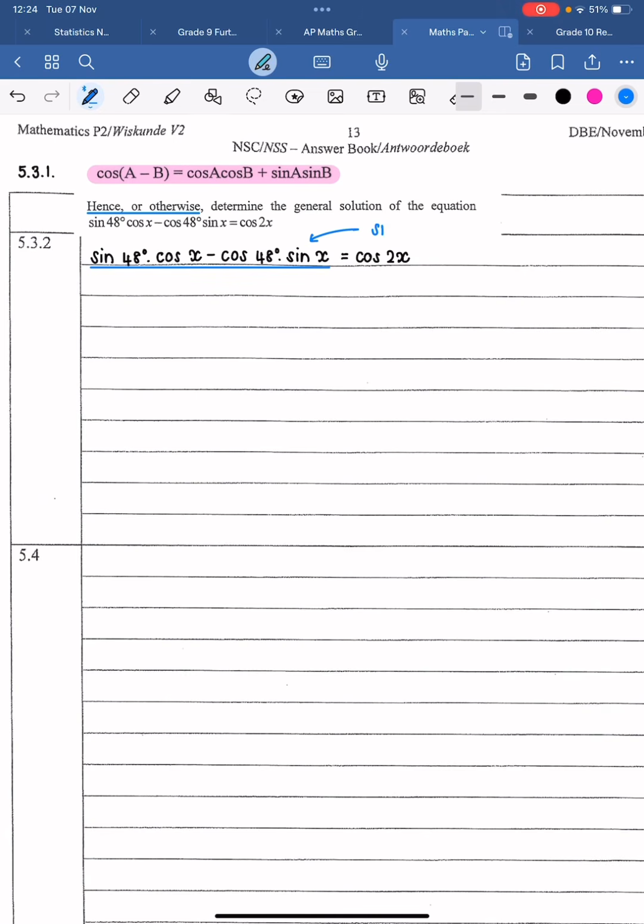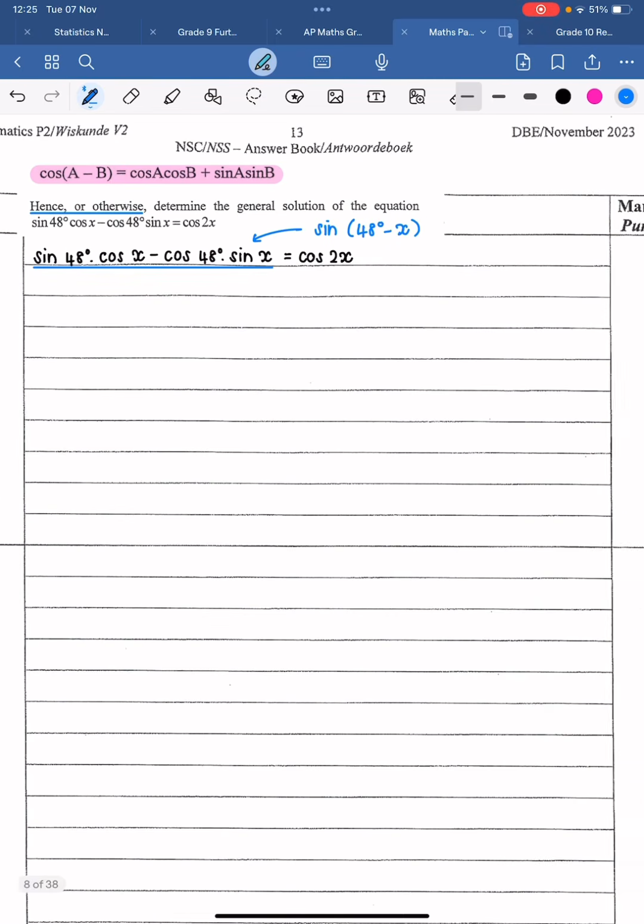So we can replace this with sine of 48 degrees minus x, right? On the formula sheet, you have an identity that says sine of A minus B is equal to sine A times cos B minus cos A times sine B. And that is exactly what we have here on the left.